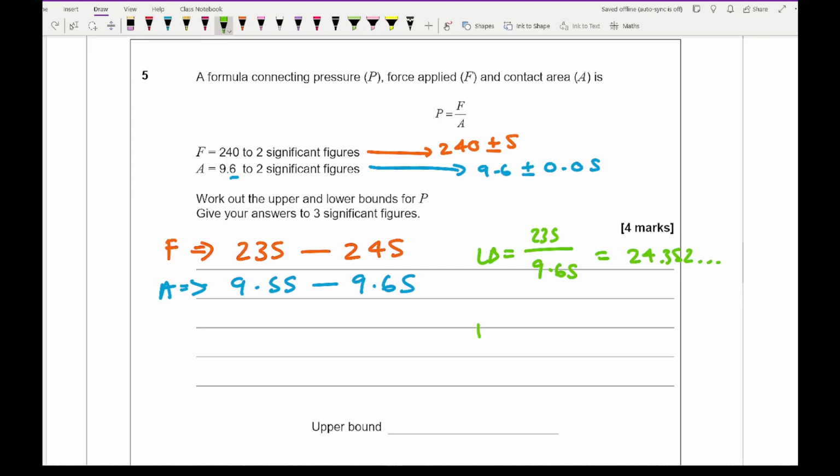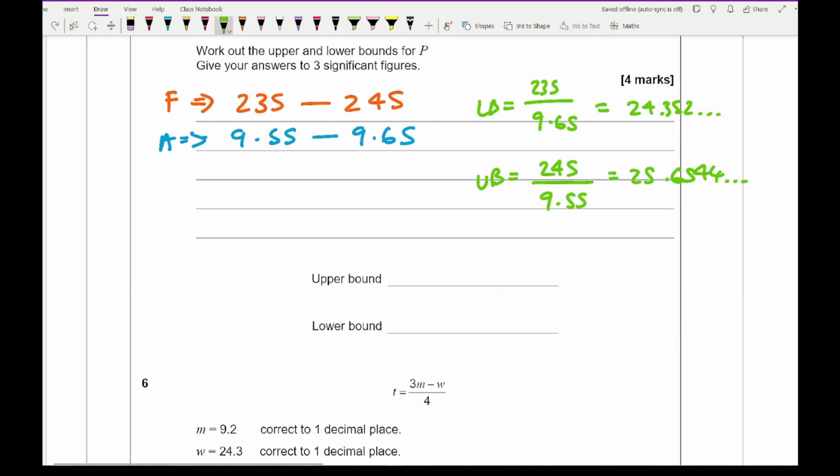Then if I want the upper bound, I want the biggest F, which is 245, and I want the smallest A, which is 9.55, and that gives me an answer of 25.6544. So then all I need to do is round those two numbers to 3 sig fig, so I get an upper bound of 25.7 and a lower bound of 24.4.